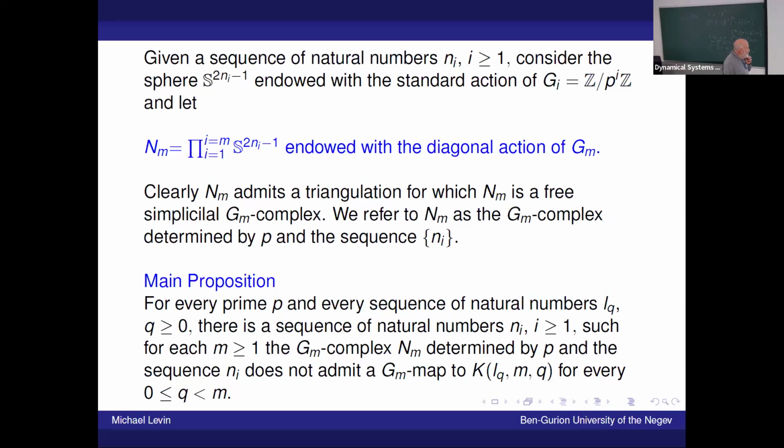So the main proposition is that for every prime p and every sequence of non-negative natural numbers l, q, u, there is a sequence of natural numbers n_i such that for each m bigger than 1, the G_m complex determined by p and the sequence n_i, using this terminology, we refer to N_m as a G_m complex determined by p and the sequence.